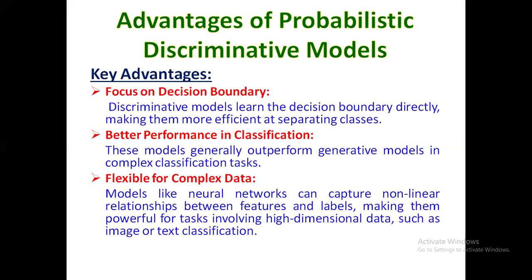Discriminative models like logistic regression, SVM, and neural networks can handle complex high dimensional data and often outperform generative models when the primary task is classification. Additionally, these models are computationally more efficient because they do not require modeling the underlying data distribution. So, the main advantages are the focus on the decision boundary, better performance in classification, and flexibility for complex data.